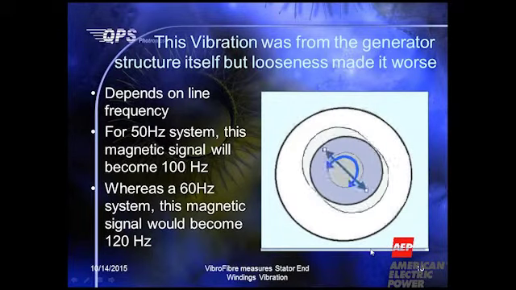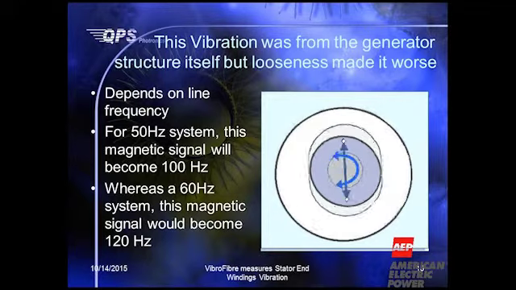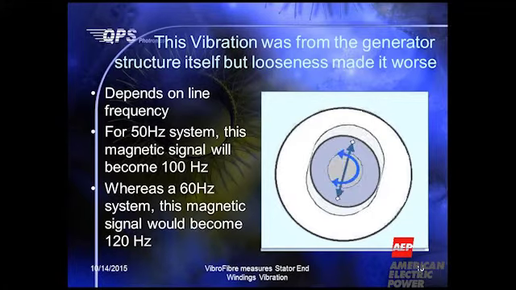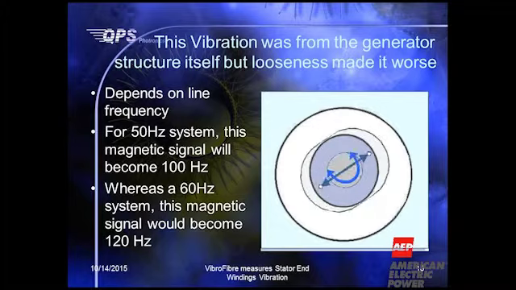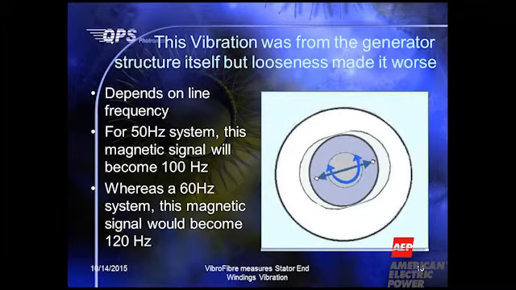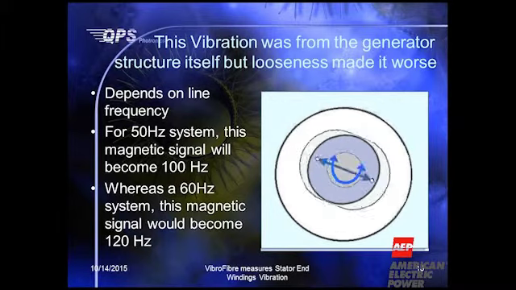Now we are interested in talking a little bit about the stator end winding vibration, SEW. Okay, so where did it come from? It is from the inherent structure of the machine. In fact, it occurs in all rotating machines, whether it's a generator or a large industrial motor.